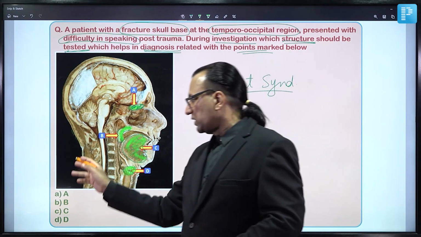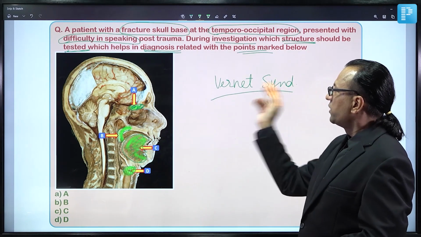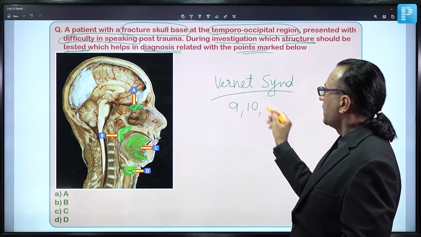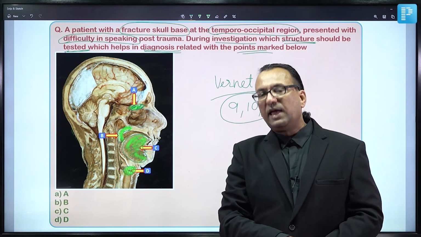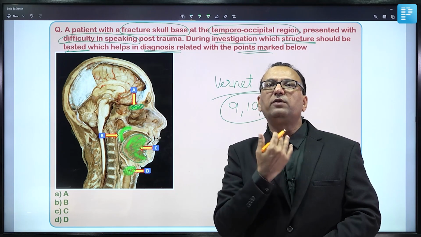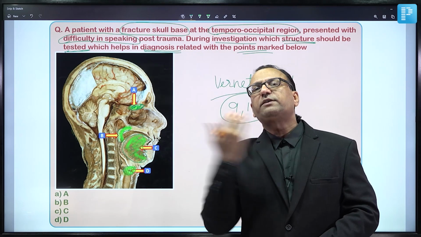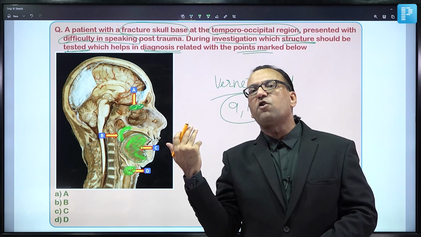So, what should be our answer? A, B, C, D. Since we are thinking in terms of Vernet syndrome, the nerves involved are the 9, 10, and 11, passing through the jugular foramen, so the structure which we'll be examining at the very outset will be the soft palate, the uvula. Look at the central alignment of the uvula. Whichever side we have the Vernet syndrome, the uvula will be deviated to the normal side.